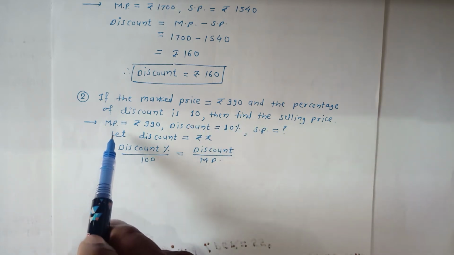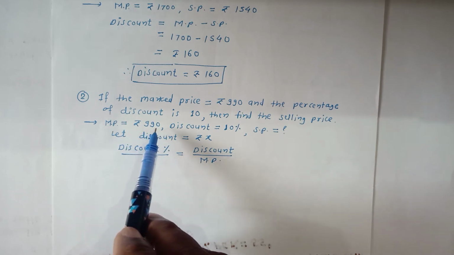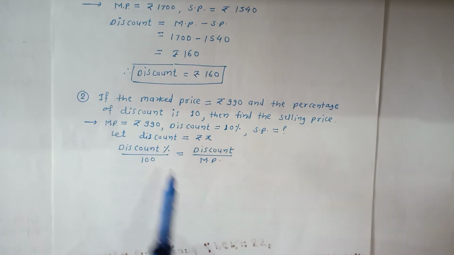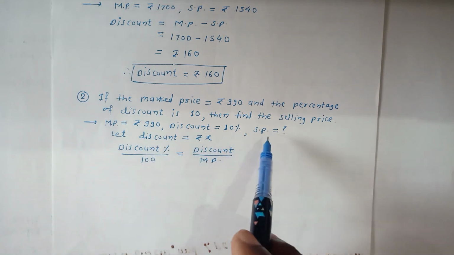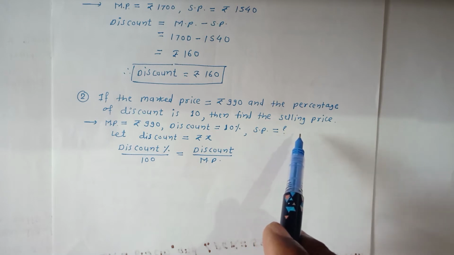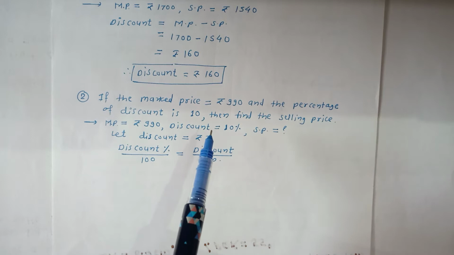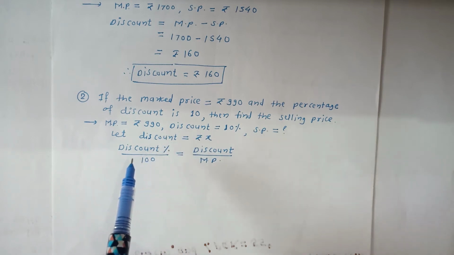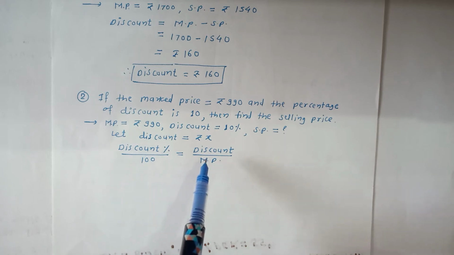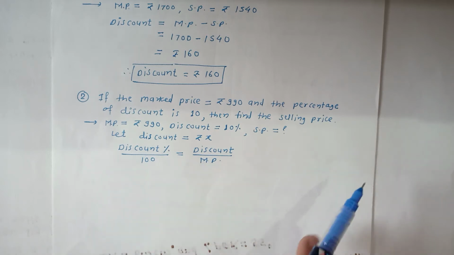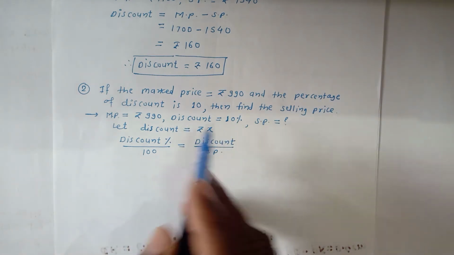So here we are given MP, mark price, as rupees 990 and discount as 10%, and we have to find the selling price. Let discount be equal to rupees x. Here we use the formula discount percent upon 100 is equal to discount upon MP. So discount percent is 10.